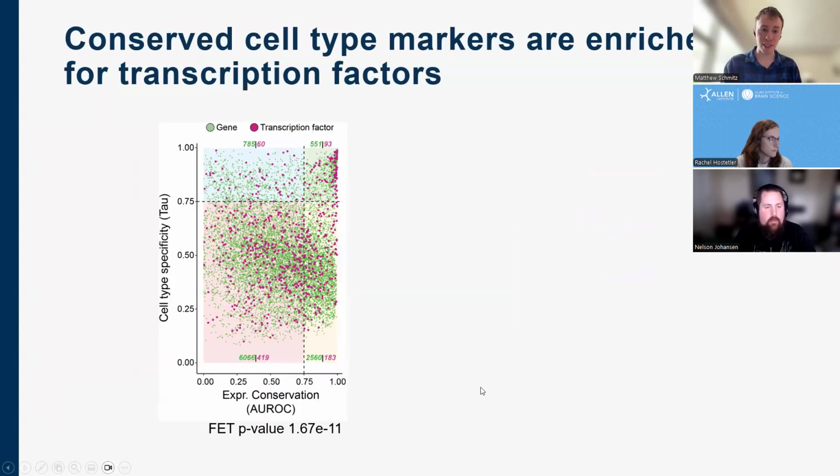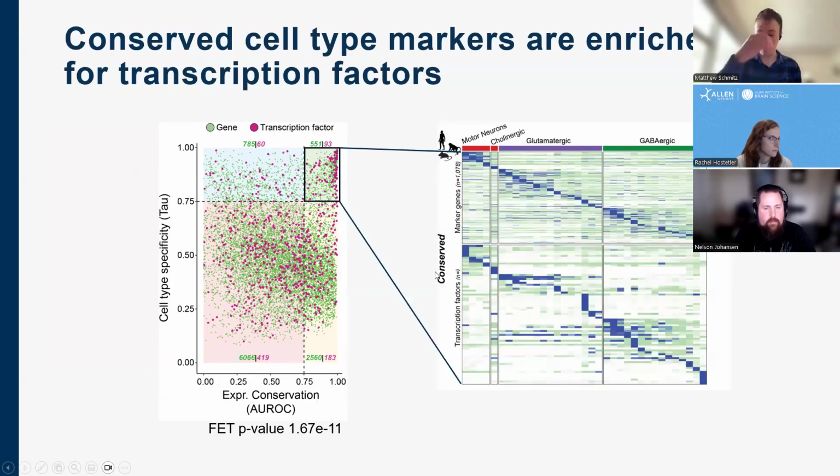And so using this ExpressioLog metric, looking at it compared to the specificity of genes, we're also able to find that transcription factors appear very significantly enriched amidst the most specific and most conserved.